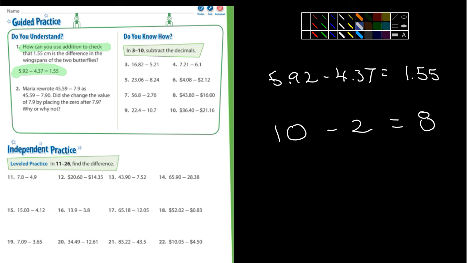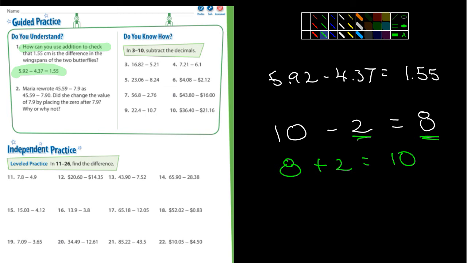All right, let me pull a stick here. I'll try one here. Miss Adams, how could I use addition to see if this is the correct answer? Right. You'd look at your solution and you'd add 2 to it. And so 8 plus 2 does equal 10. And so put up 10 points.